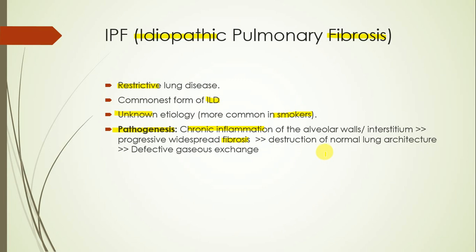And this causes destruction of the architecture of the lung. So fibrosis in the interstitium actually thickens the respiratory membrane. Whenever the respiratory membrane is thickened, there will be a defect in the gaseous exchange. So the oxygen cannot get into the pulmonary arteries, and in the later stages, even carbon dioxide cannot get out from the pulmonary arteries.